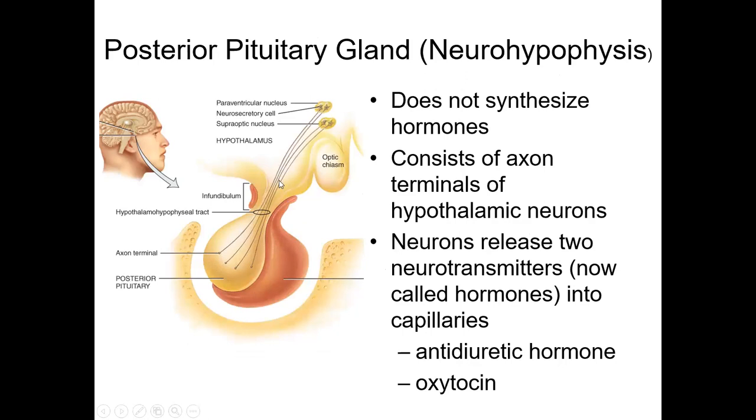This arrangement is why we can say that the posterior pituitary is not making any hormones, it just releases them. This is the end of the pipeline, and the hormones, antidiuretic hormone and oxytocin, are released at the ends of the pipeline while they were made in the hypothalamus.